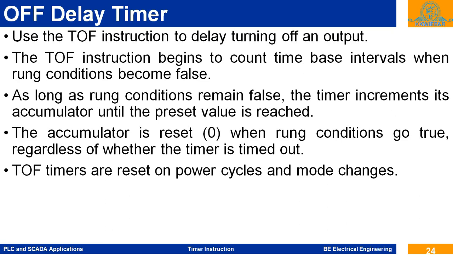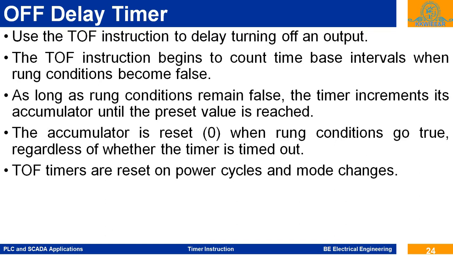As I told in the example of the rolling mill, when the rolling mill is shut down, at that instant the off delay accumulator starts counting, which provides the delay.